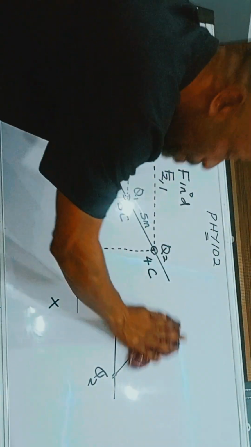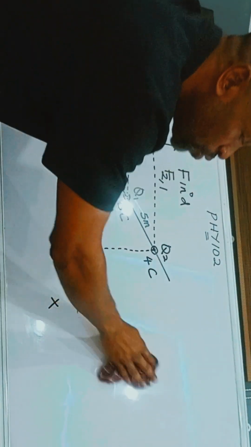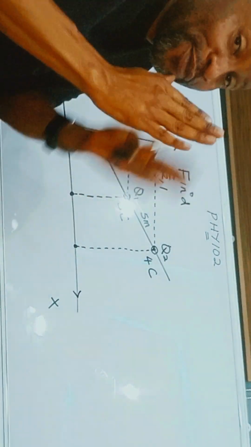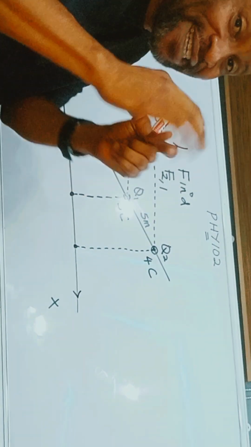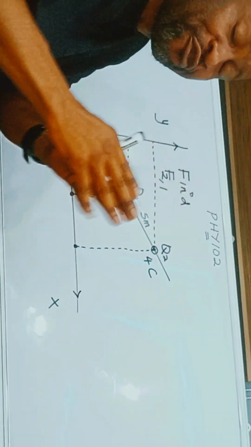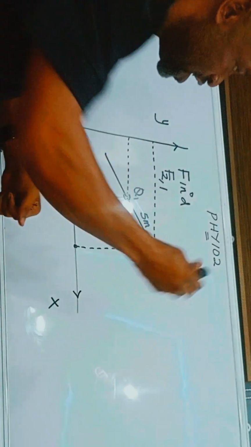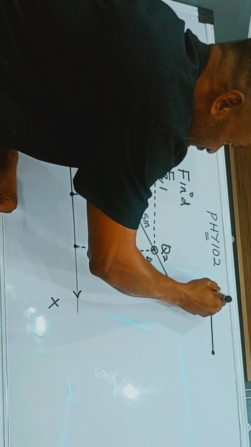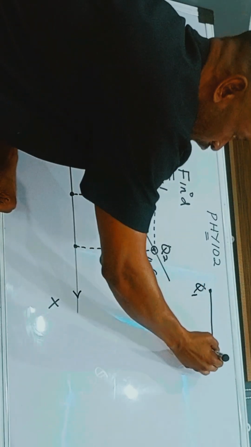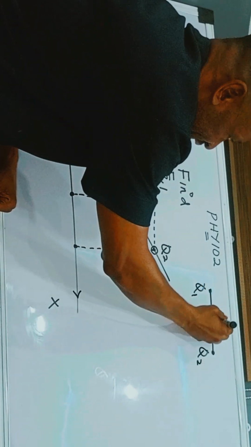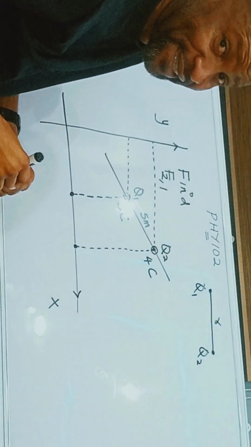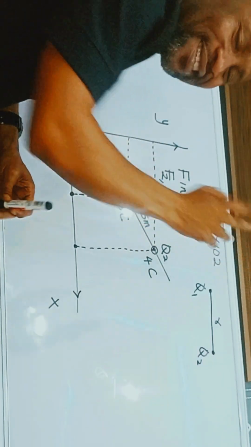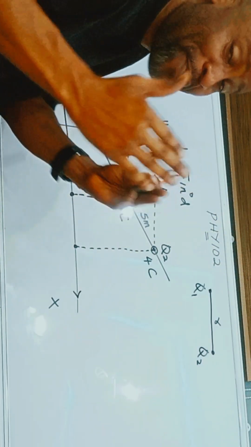Now, my people, Coulomb's law, you did Coulomb's law when you were in secondary school, when you were preparing for WAEC and JAM. If you have two charges, like this is Q1 and this is Q2, and they are separated by a distance of R apart. Now, this one is very simple. That's the one you did when you were preparing for JAM exam.